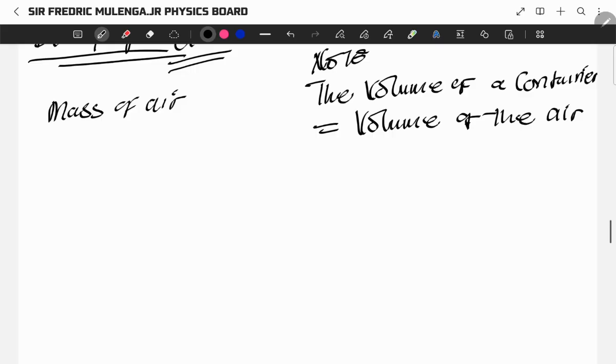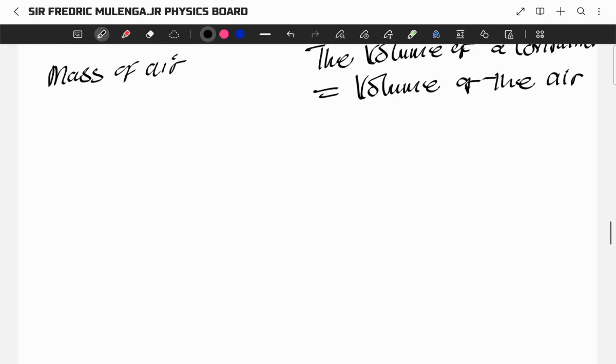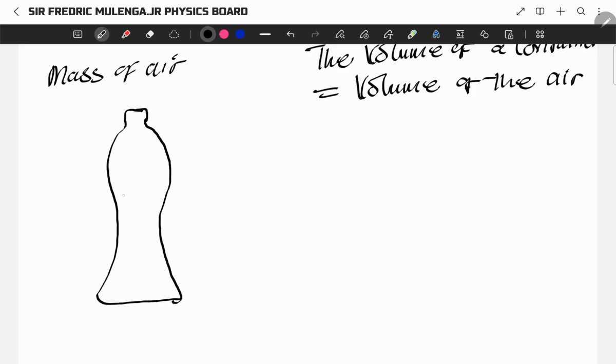Okay, then how do we find the mass of air? As usual, in this case we'll use the enclosed thing. Let's assume we have a bottle of Vatra. I know some of you like drinking water from this Vatra bottle. This bottle has a capacity of, let's say, 750 milliliters.